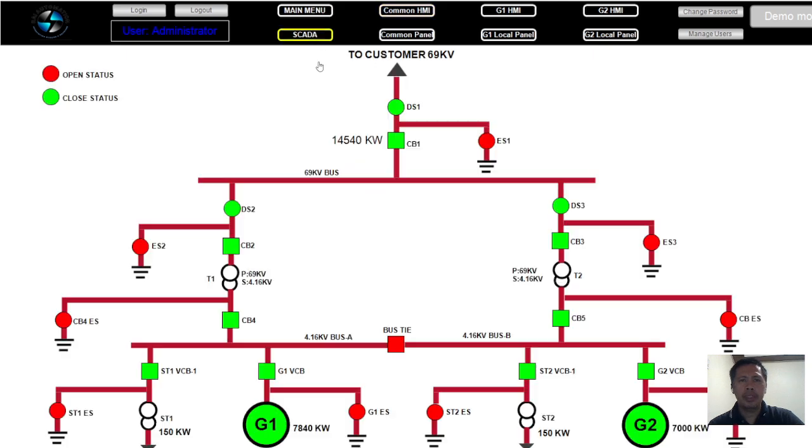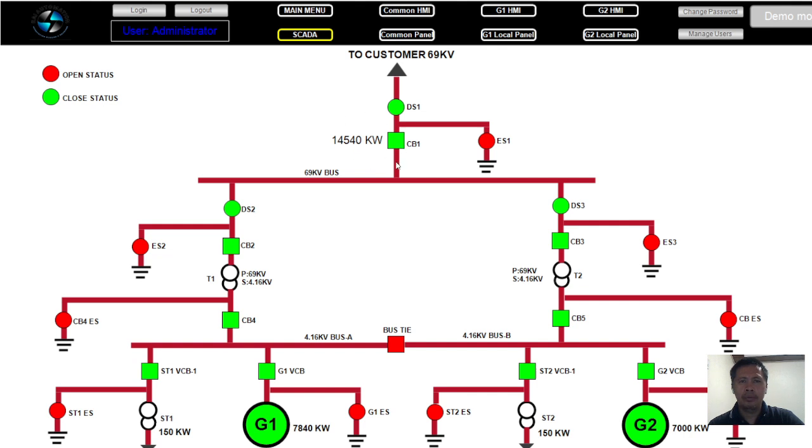So you can see the SCADA. Now the SCADA: generator 1 is 7,840 and generator 2 is 7,000. So now as we can see, both generators are now synchronized to the grid.